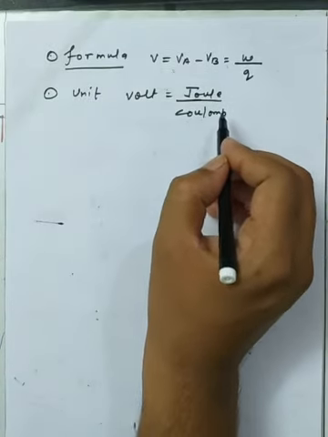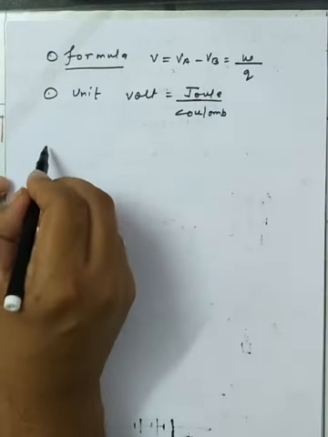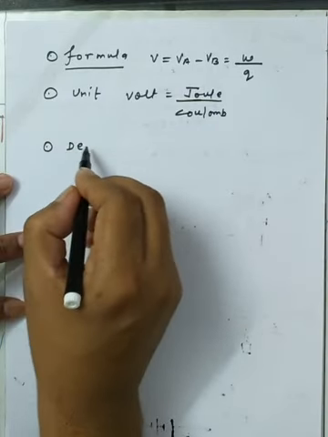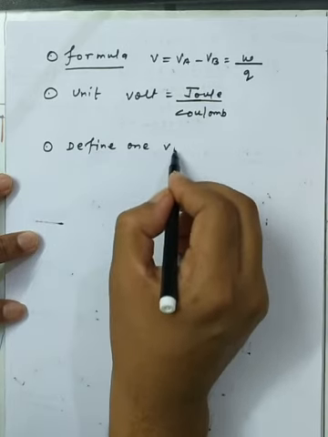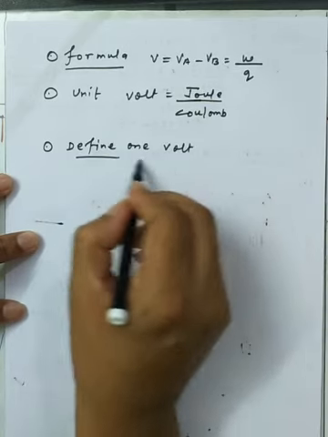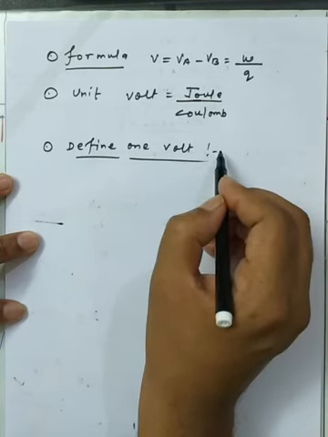Joule upon coulomb. Now here we have one of the basic questions: define 1 volt. So how can we define?